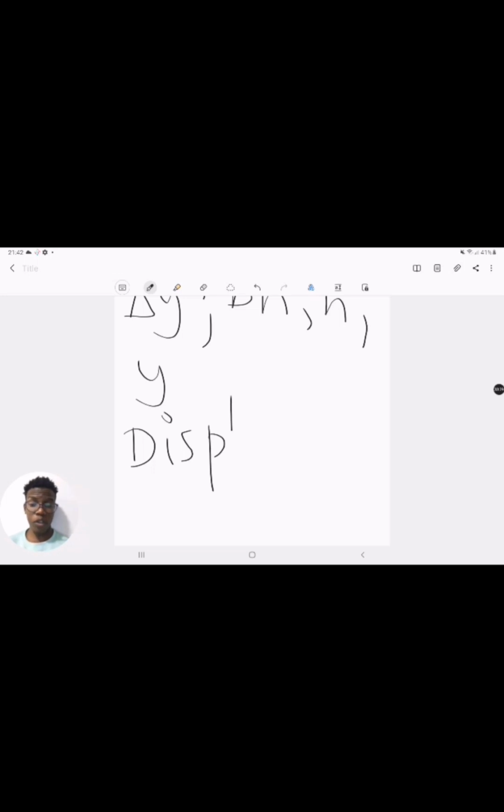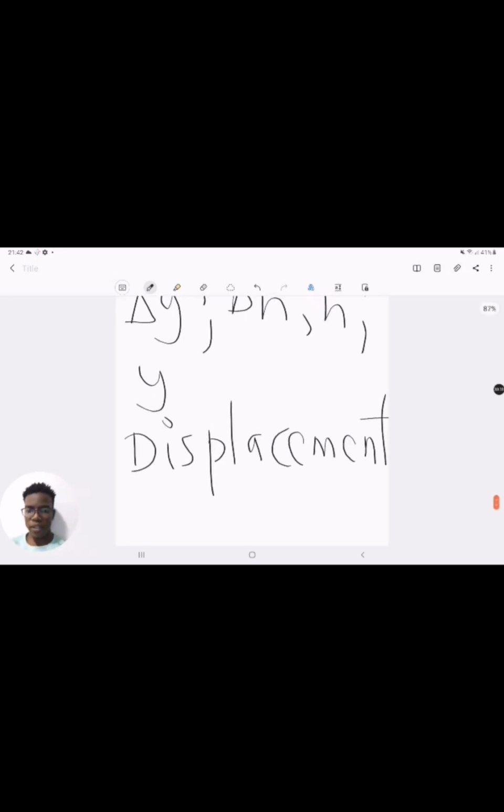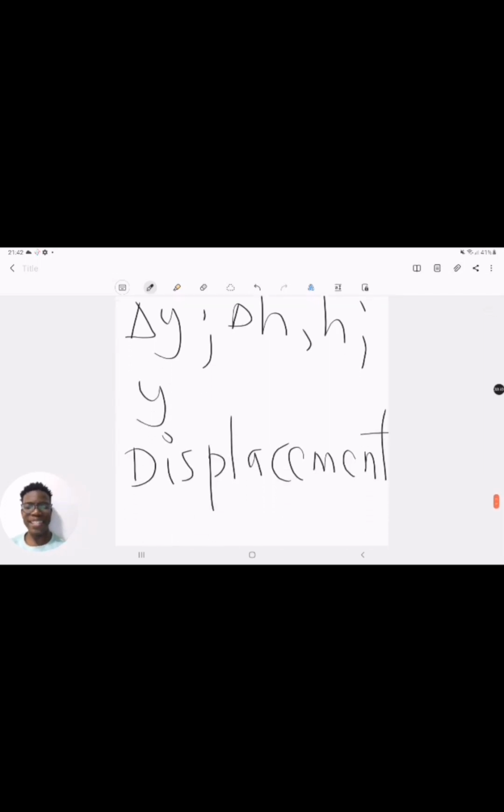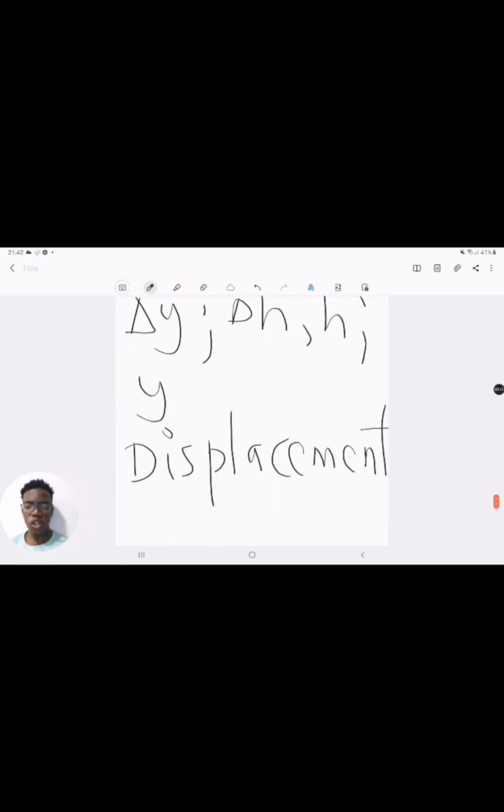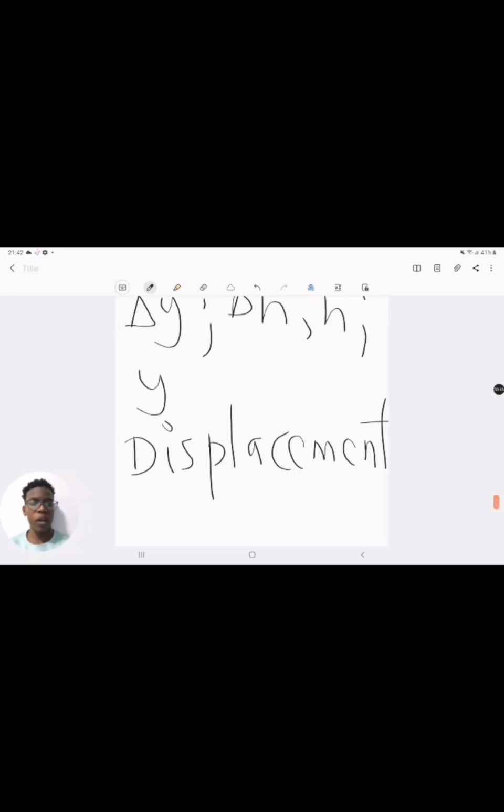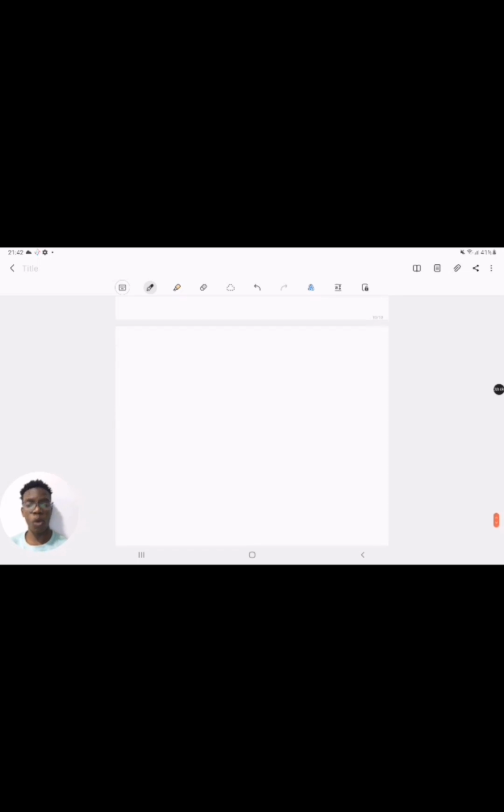Now these are very important for vertical projectile motion, and I'm taking a bit of time to explain these things before I actually do calculations, because it's very important to understand these things. Now, what is displacement? Displacement is simply the position from the point of reference from which the projectile has been thrown, right? From which the projectile has been projected.